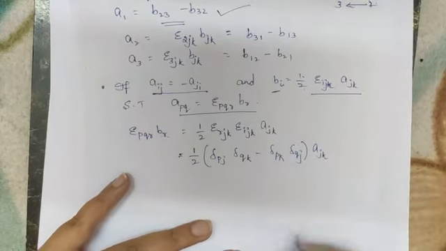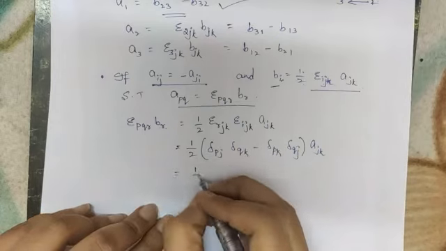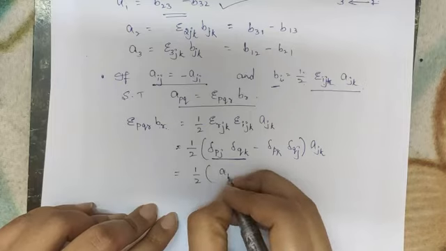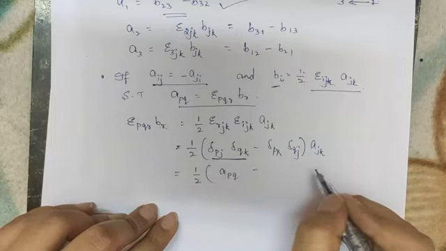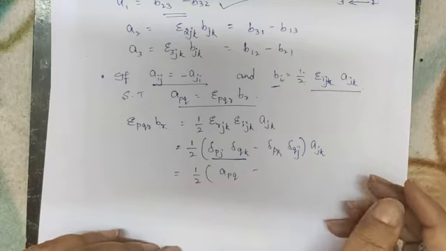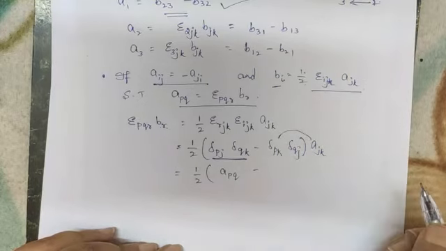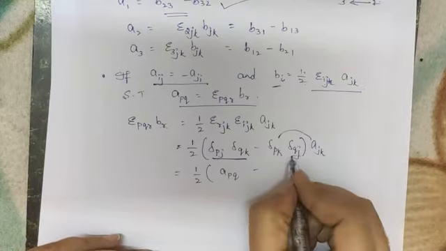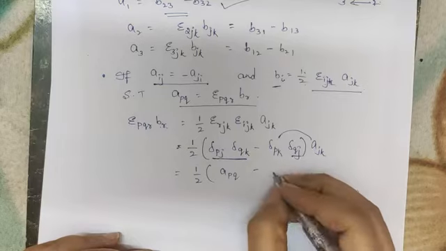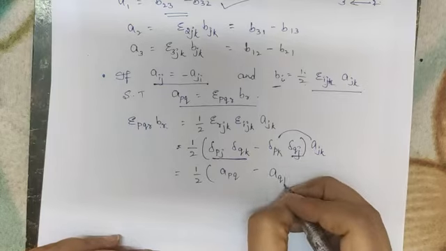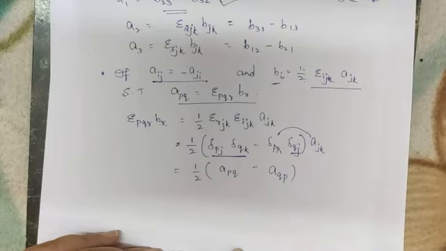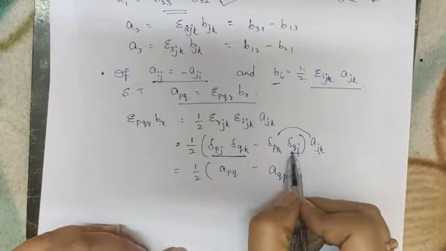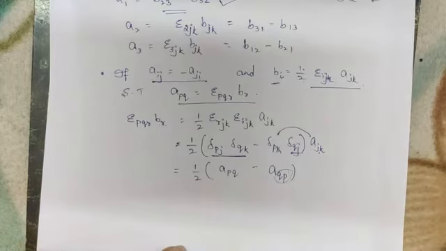Into ajk as it is. So this is equal to half into, now use the substitution property here, you will get apq, and if you take the substitution property for these two and then the resultant with this, you will get it as aqp.